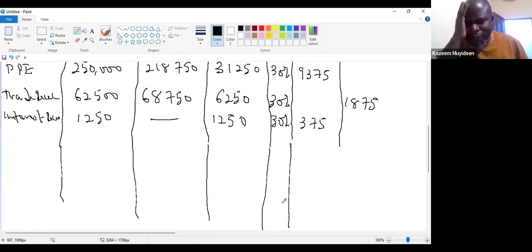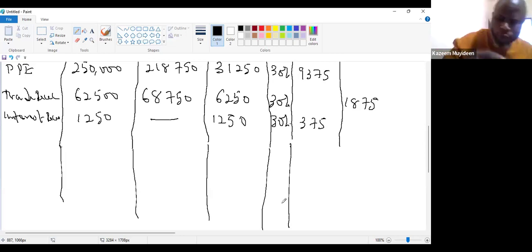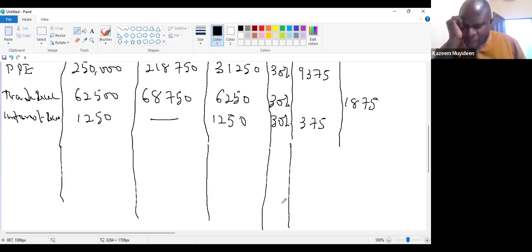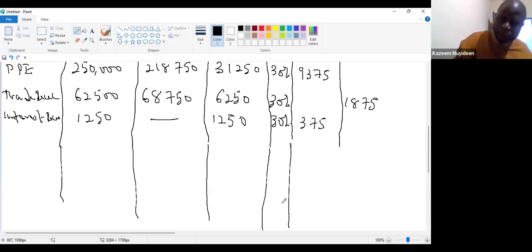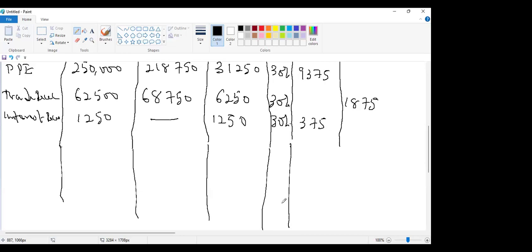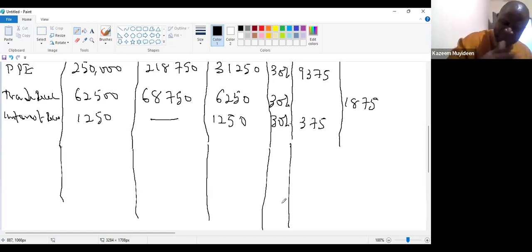Because if you have it, they say, we make a provision for 6,250. They say, why do you give him a loan when you know it's going to go bad? As in accounting, we make provision, even though it's not going bad. The accounting principle will make provision for bad debt. That is the accounting principle.